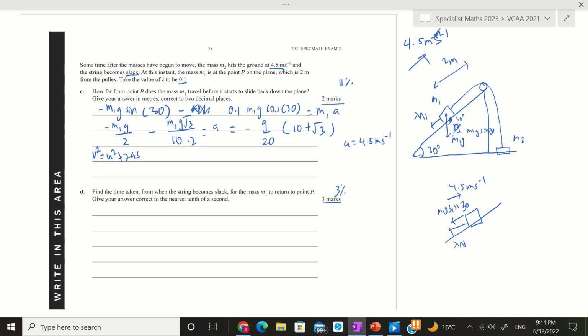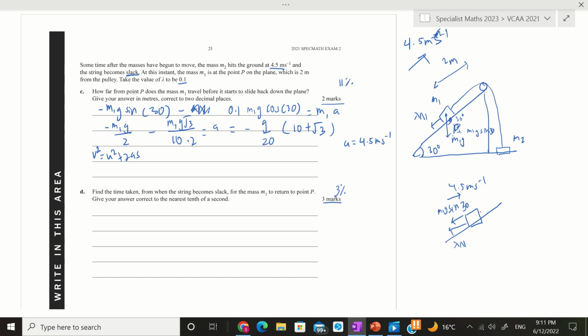As this mass travels up the plane, these two forces progressively lower the speed until the speed turns to zero. At the point where the speed turns to zero, afterwards it's going to start falling down the plane. So this number here, 4.5, is going to get smaller and smaller until these two forces have completely reduced the speed to zero, and this mass now goes down the plane.